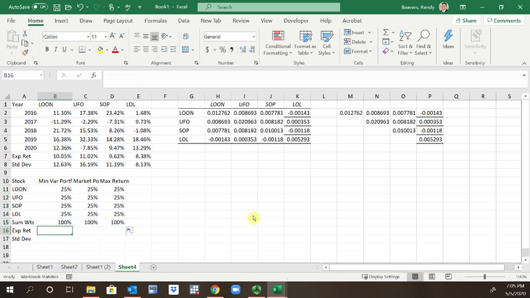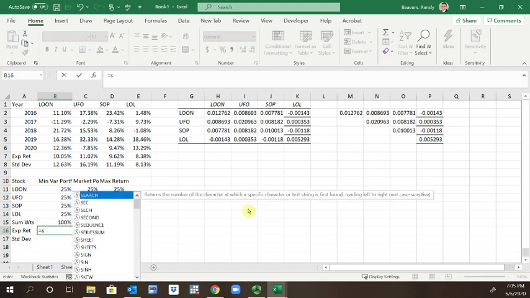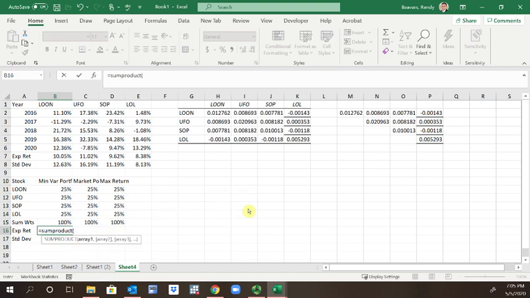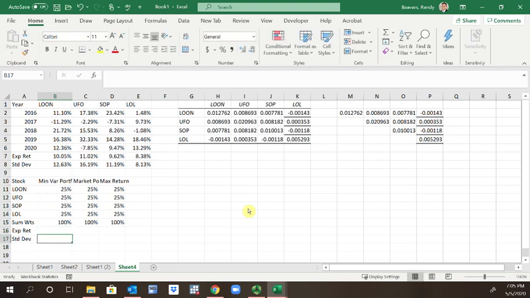The expected return is going to equal, we'll do a sum product. Well, actually, in this case we can't because of how it's laid out.